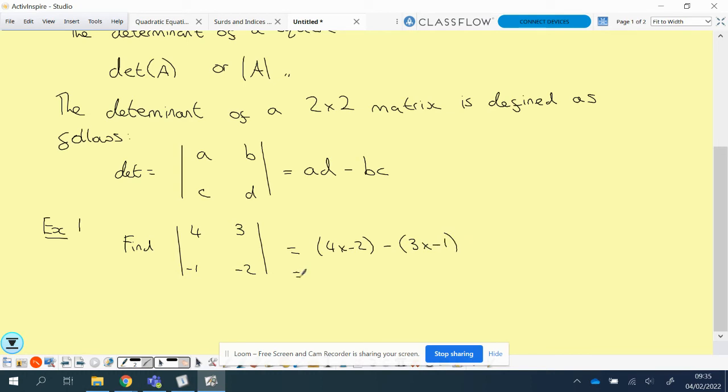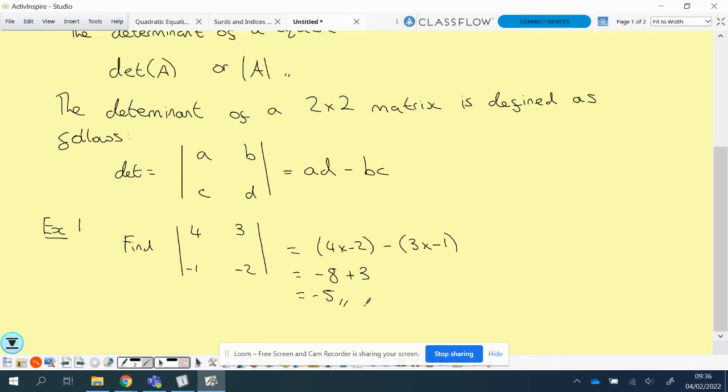Until you get familiar with this, brackets are maybe useful to keep you right with your negatives. 4 times negative 2 is negative 8, then subtracting negative 3 means we're adding 3 onto that, which gives negative 5. So that's the determinant of that matrix.